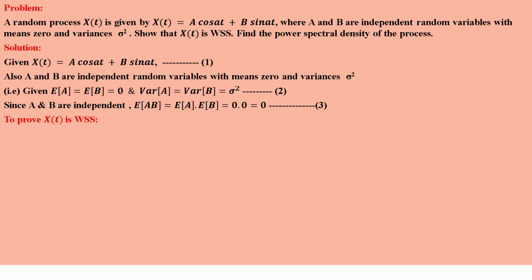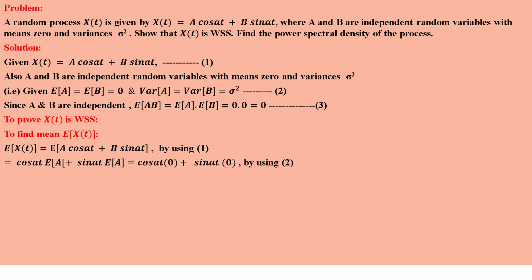To prove X(t) is WSS, we need to prove that the mean, the expected value of X(t), is a constant. Now we need to find the expected value of X(t). From 1 we can replace X(t) as A cos αt + B sin αt.